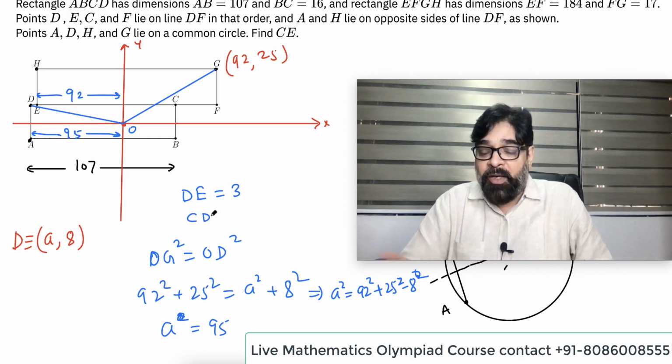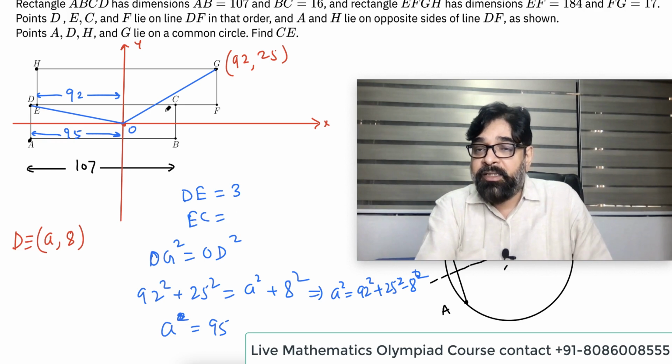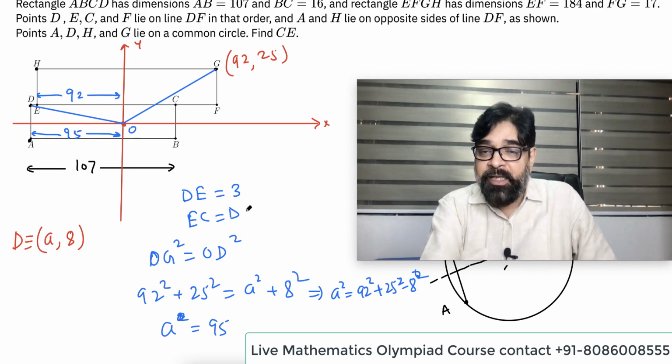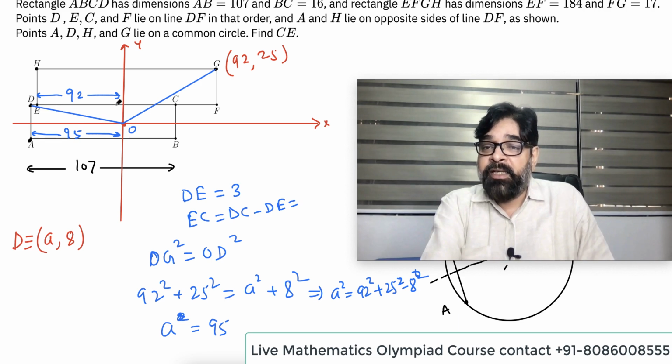EC I can write as, from E to C, DC minus DE. And DC is how much? DC is your total length, 107. 107 minus 3. So EC will be equal to 104. This is the answer. Finish.